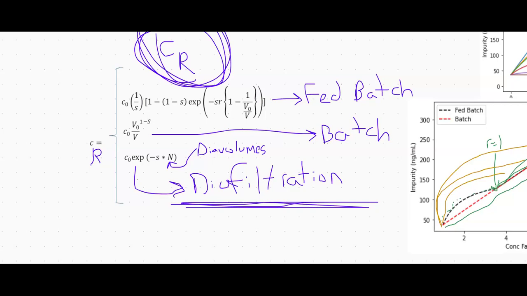You can see what your impurity levels are given all those different situations. However, if you just use this equation, you're only going to get your starting and final values, and you can't understand what's going on during the process.